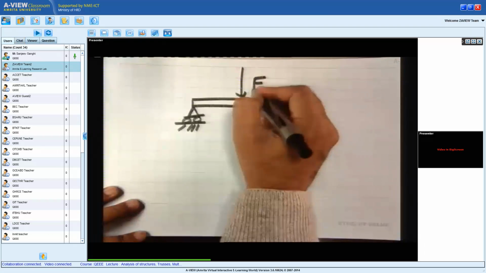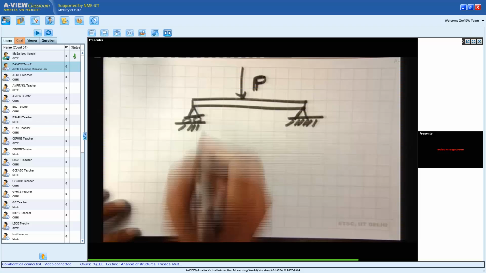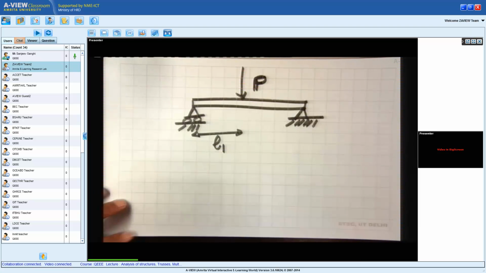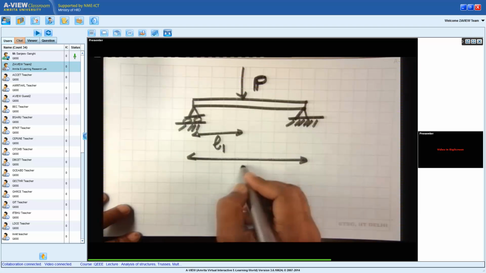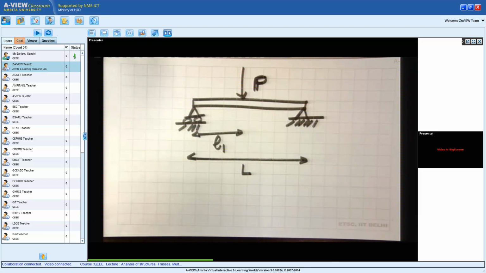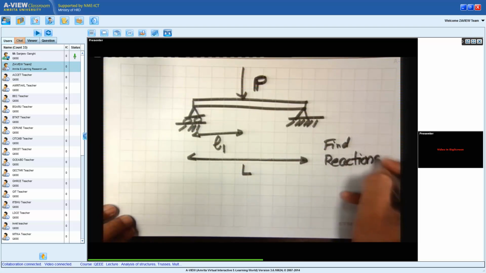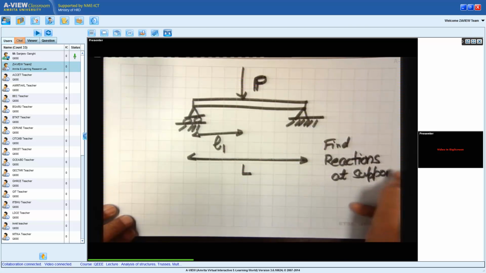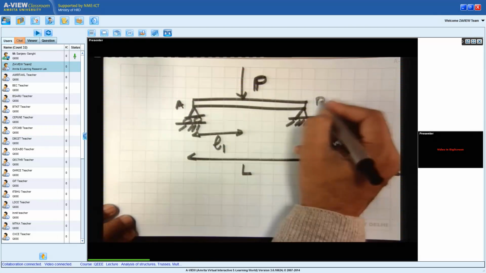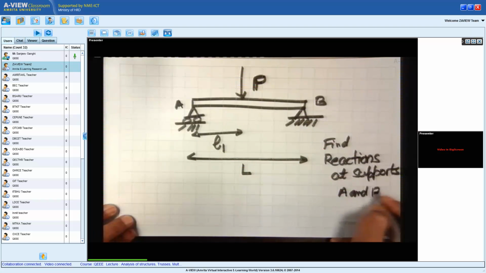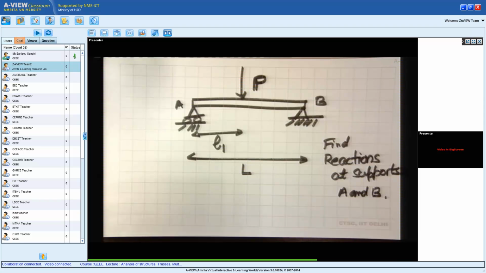A force, let's say P, is applied at a distance L1, and the total length of the beam is L. We want to find the reactions at the supports A and B. Simple problem, maybe many of you know how to solve it.